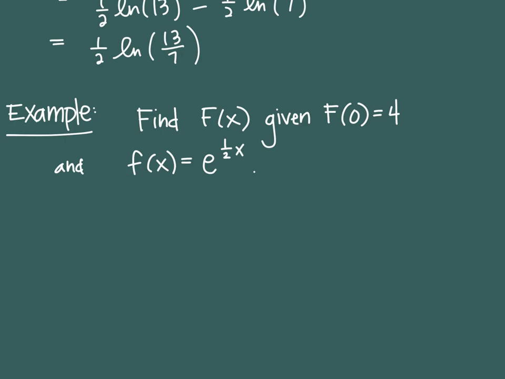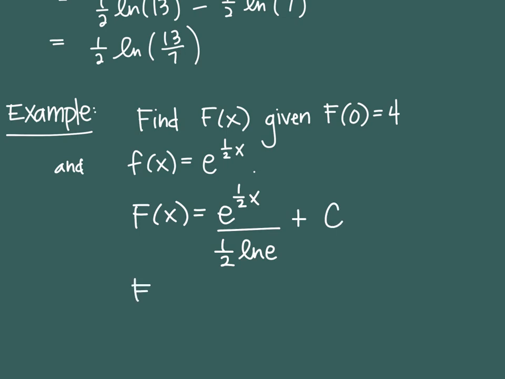So we're asked to find capital F. We have lowercase f, so we need to perform an antiderivative. The antiderivative of e to the half x is e to the half x divided by, now remember last time the chain rule required me to multiply by the natural log of e and multiply by half. So this requires me to divide by the half and the natural log of e, plus the constant c.